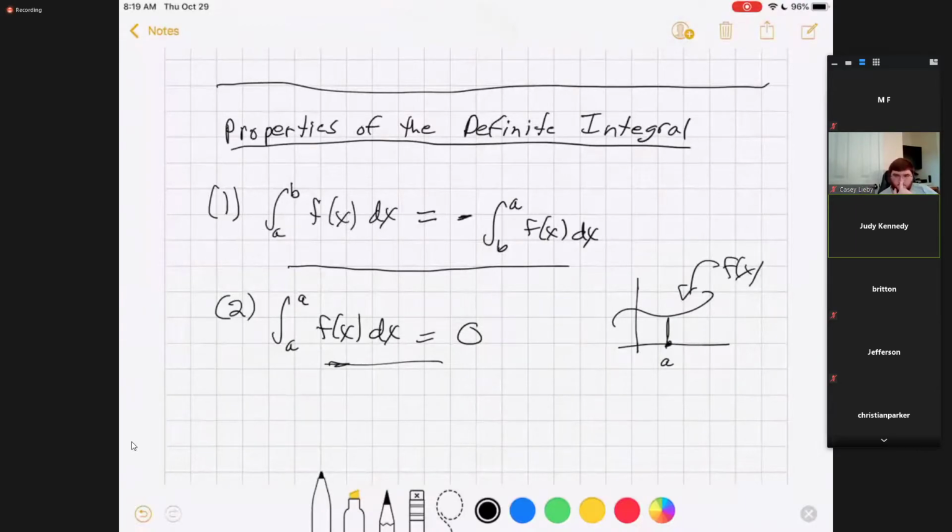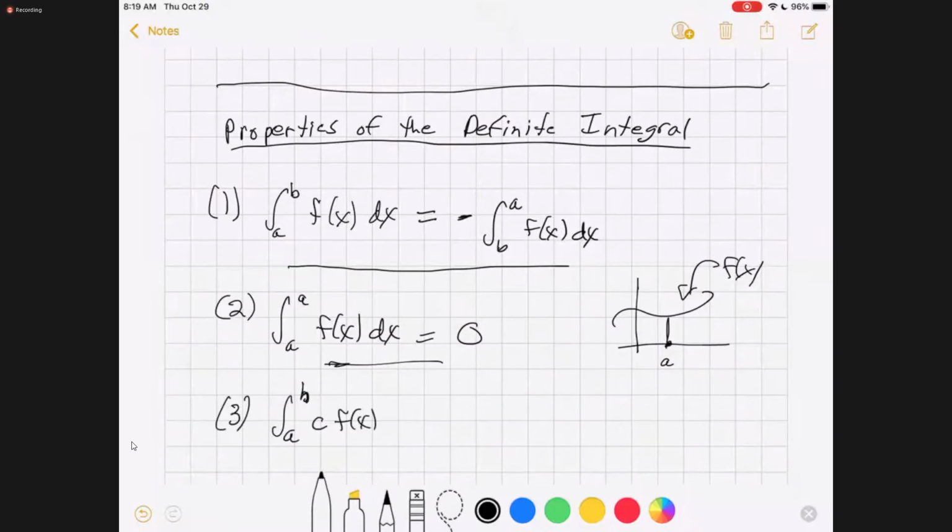Also, if it goes from a to a, then a is equal to b. That means delta x is going to be 0. Okay, number 3. The integral from a to b of a constant times a function.